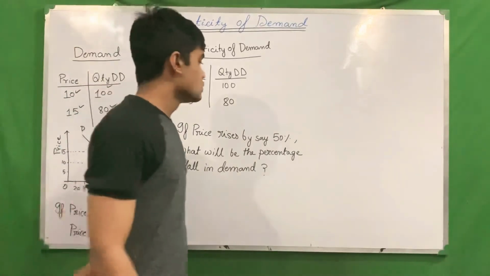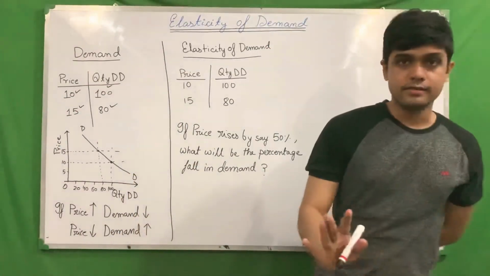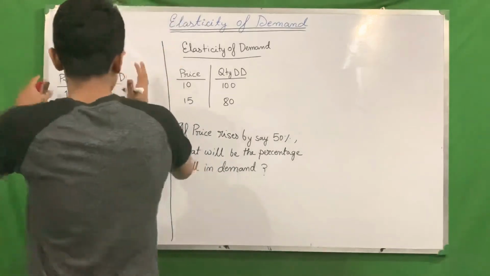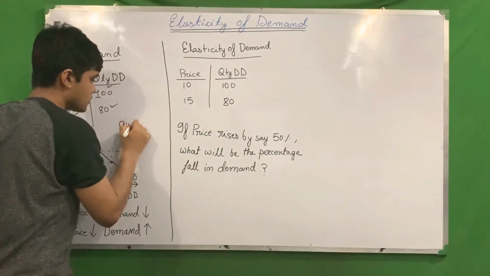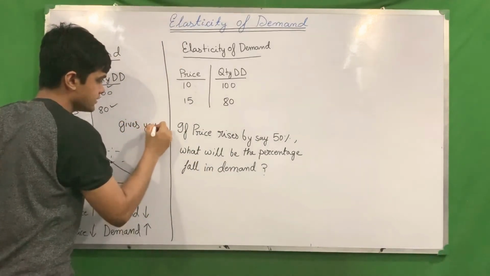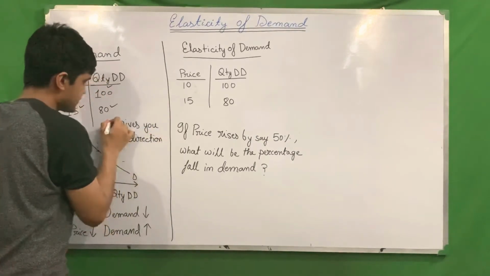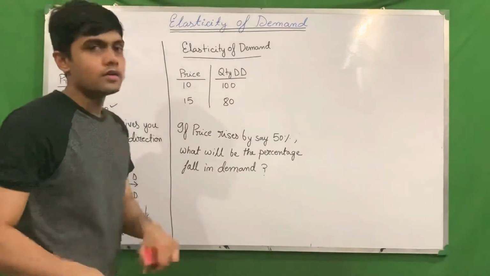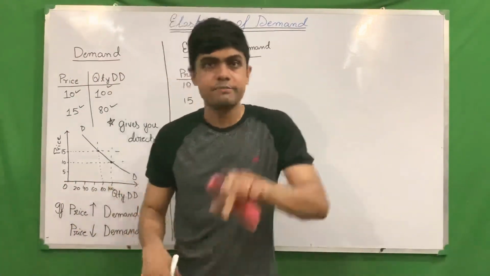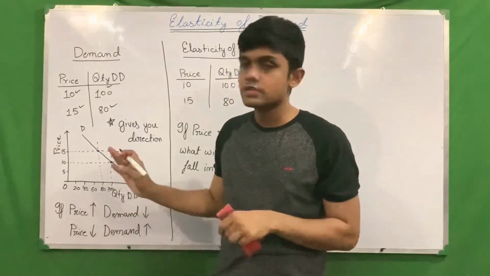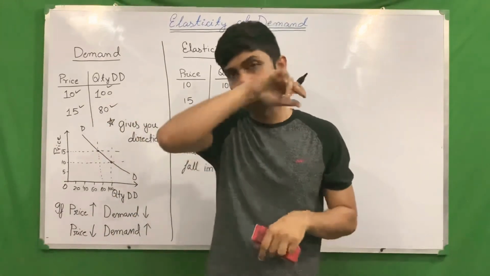Okay, so basically just remember, demand chapter gives you direction, means if price rises, demand will fall. This is a direction. If price rises, demand will fall. So this direction is given in demand chapter.